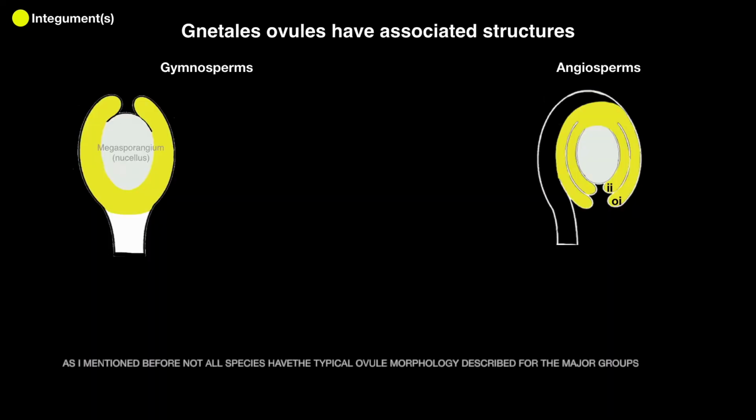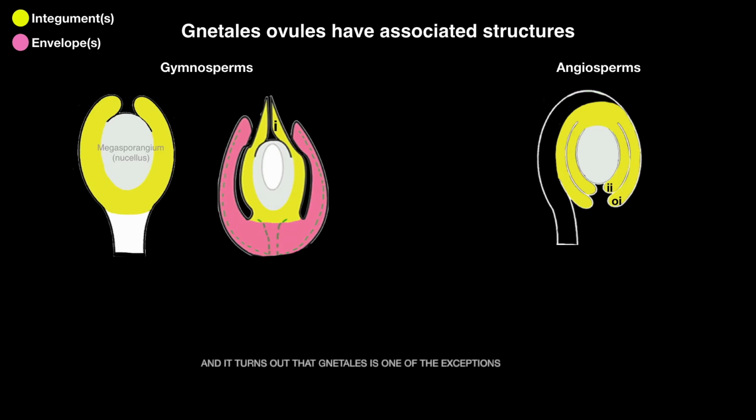So, as I mentioned before, not all species have the typical ovule morphology described for the major groups, and it turns out that Gnetales is one of the exceptions. The ovules have the integument, here in yellow as well, and one or more extra structures that have often been interpreted as outer integuments.